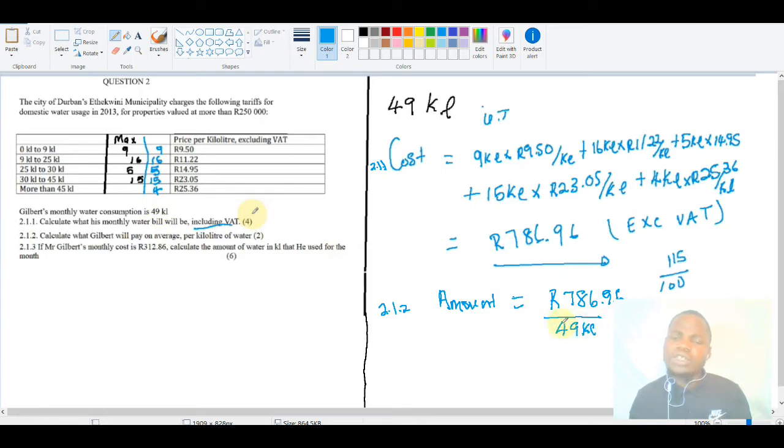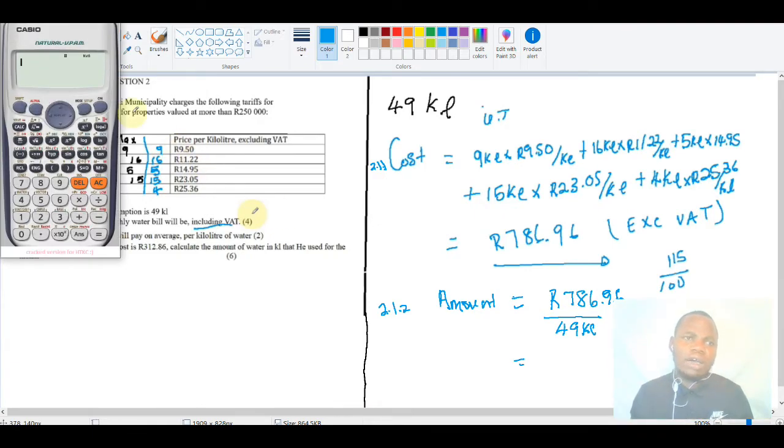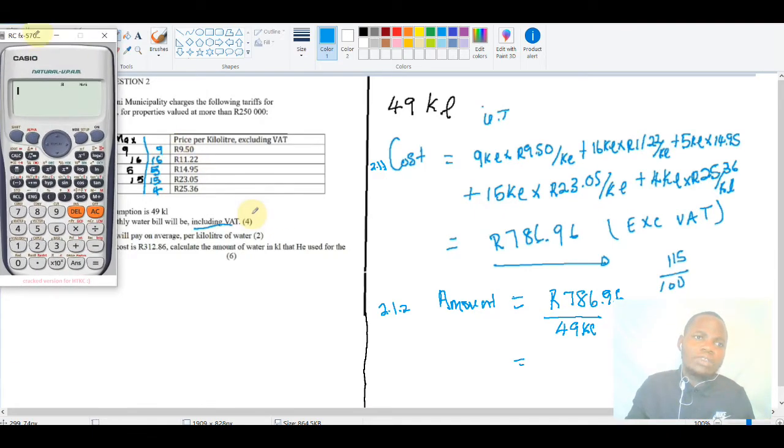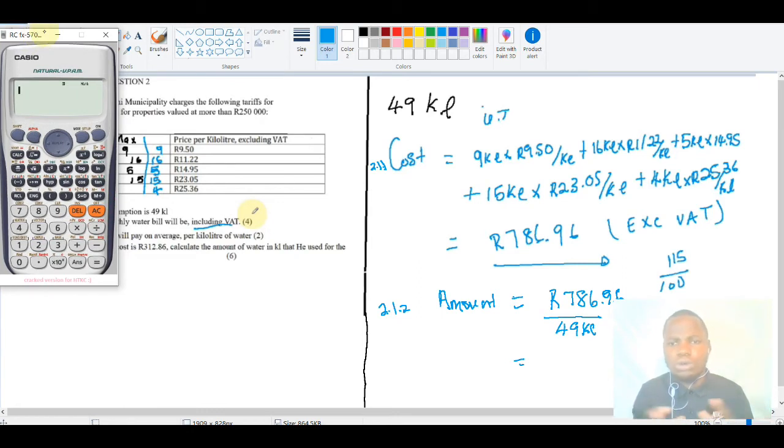That is it. Make sure now we press the calculator, and I always emphasize this, your calculator must be your best friend, because if you are not used to your calculator, you'll have some problems. Always you are inviting unnecessary troubles. So now we calculate what he will pay on average per kiloliter.